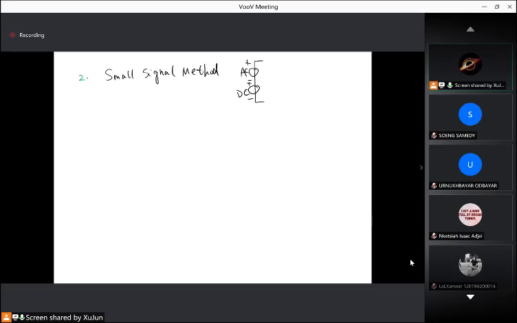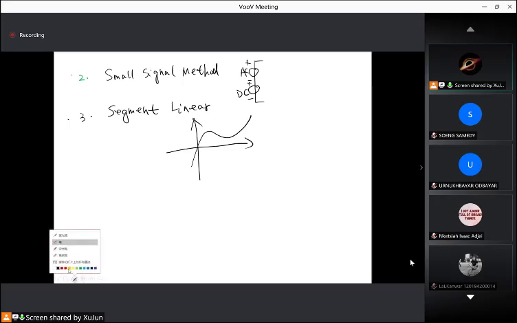Then we find an equivalent linear circuit. And then we introduced the segment linear method. For this method, the segment means we treat a nonlinear curve, and we use several linear segments to express it.